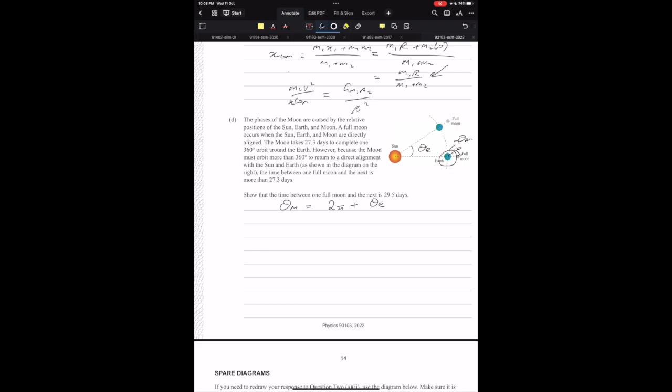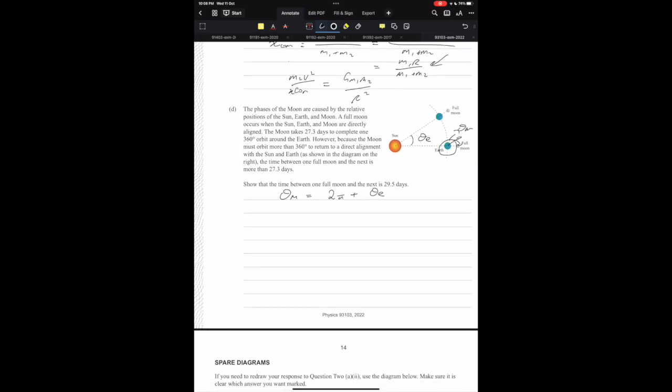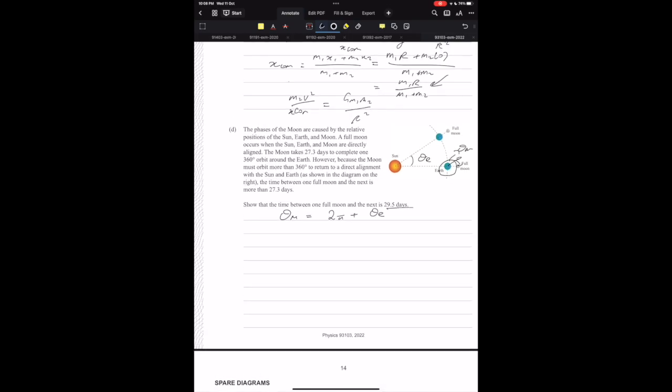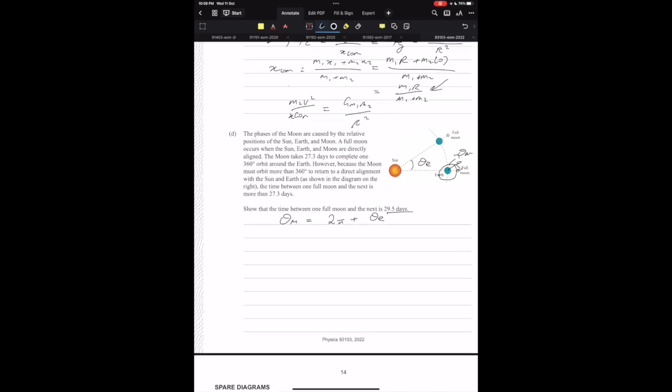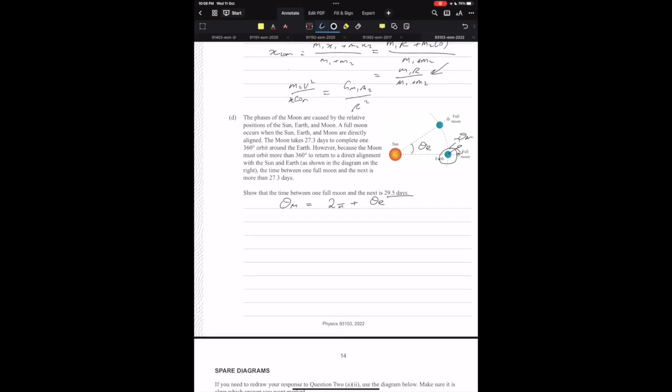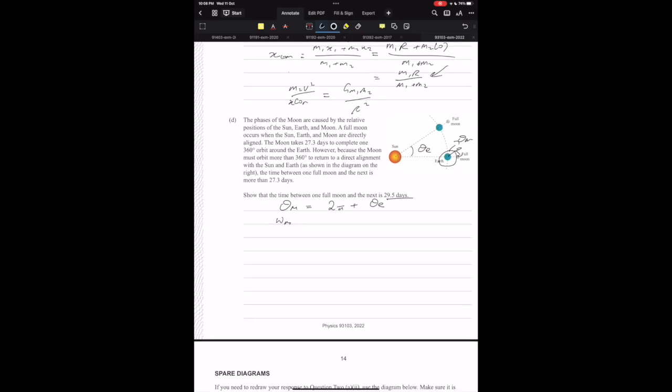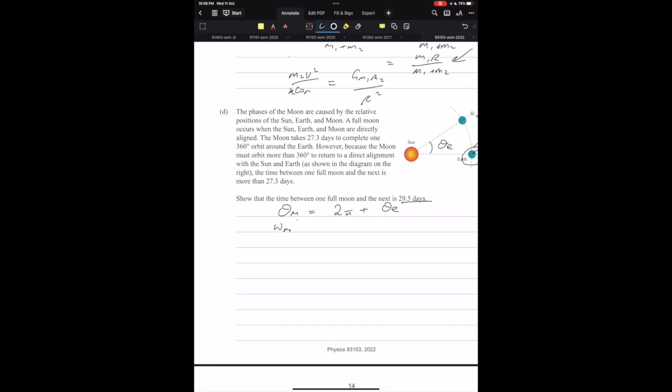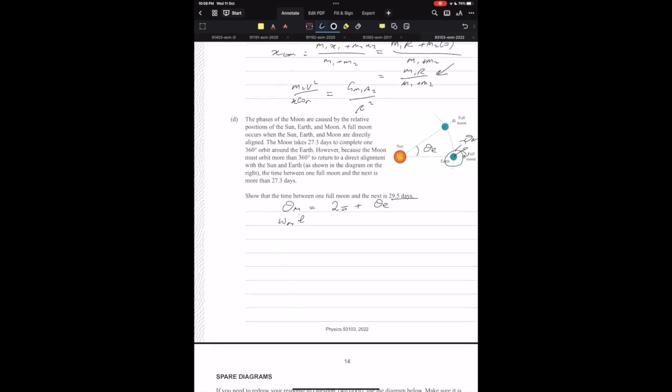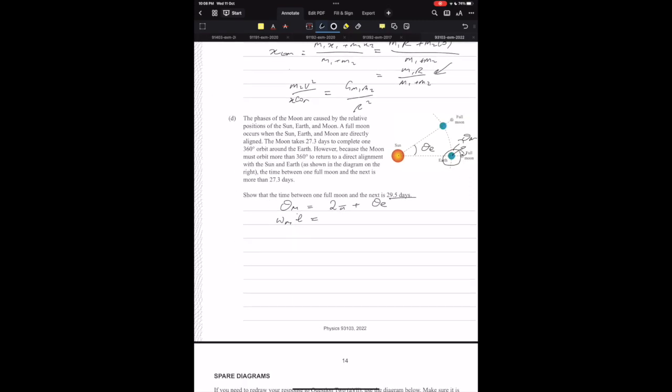So then how do we work with this? Well, we're trying to find the time, right? 29.5 days. So we're trying to convert theta into something to do with time, and so we can use omega. So we can say omega m, the orbital angular velocity of the moon, times the time, equals 2 pi plus, same idea, the orbital angular velocity of the Earth times t.